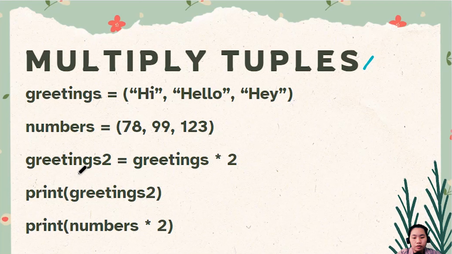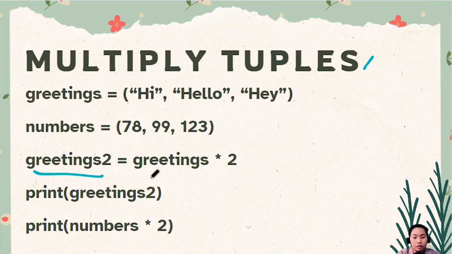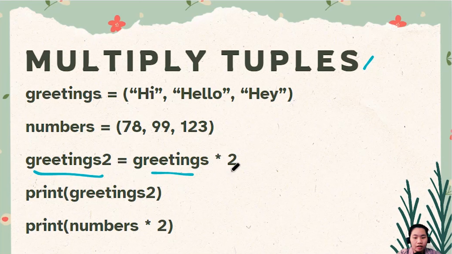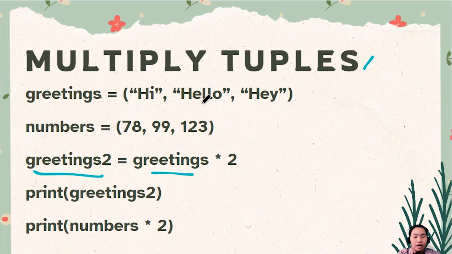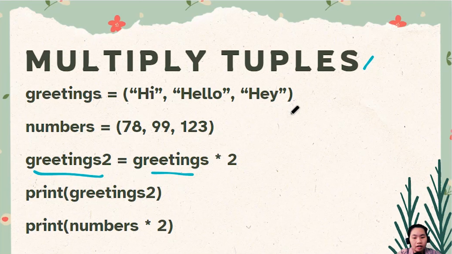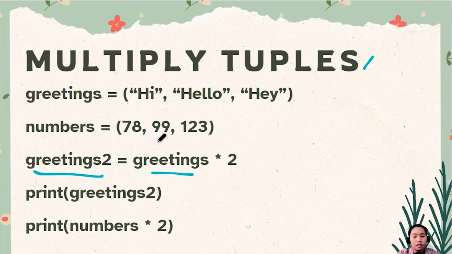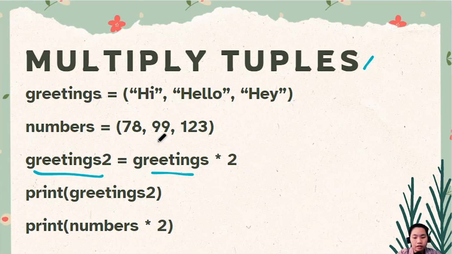So greetings2 equals greetings times 2 would be hi, hello, hey, hi, hello, hey, right? So there are duplicate values and they go in the same order. So it's not hi, hi, hello, hello, and hey, hey, okay? And similarly with integers or floats or booleans, they work very much the same way as what I've just demonstrated.